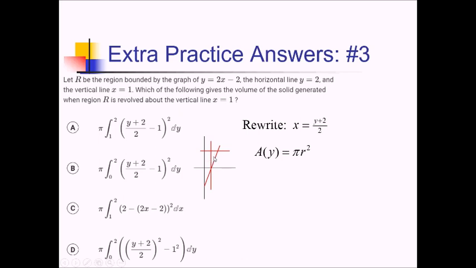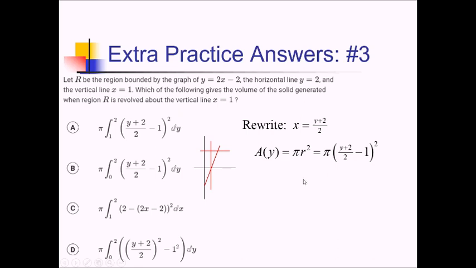That's an x distance, a horizontal distance. And that's just going to be this function right here minus however far we already are over from the y-axis. So basically (y plus 2)/2 minus 1. That's what I'm going to be squaring inside that pi r squared situation.